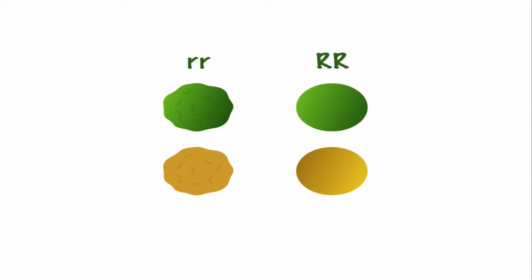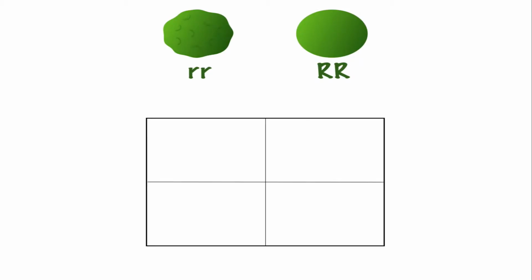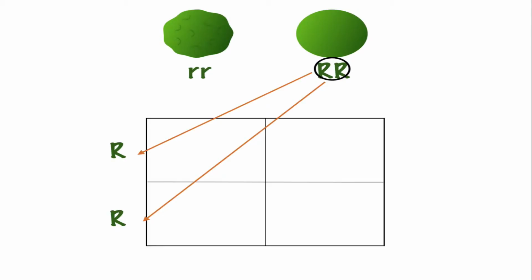So let's say that we cross these two peas, two homozygous peas, homozygous recessive for wrinkled and homozygous dominant for smooth. If you remember from the previous video and how we looked at the Punnett square, we look at the pea on the right, we see that it only has two alleles to contribute, and those are the two dominant alleles.